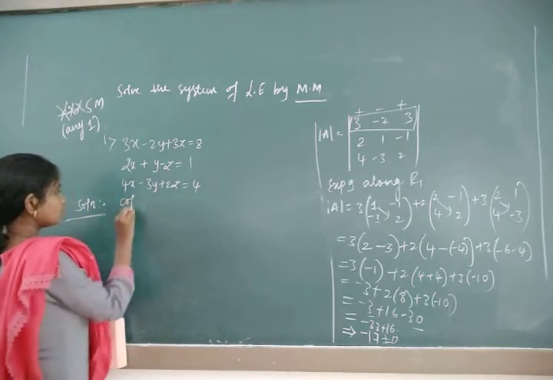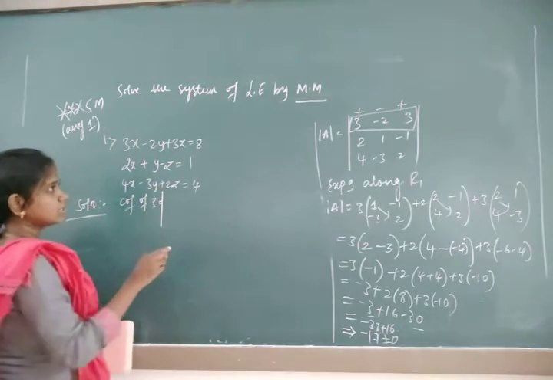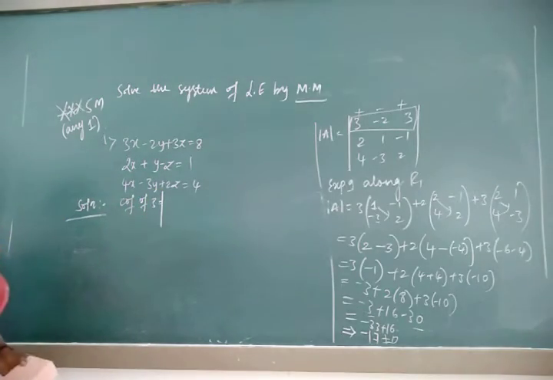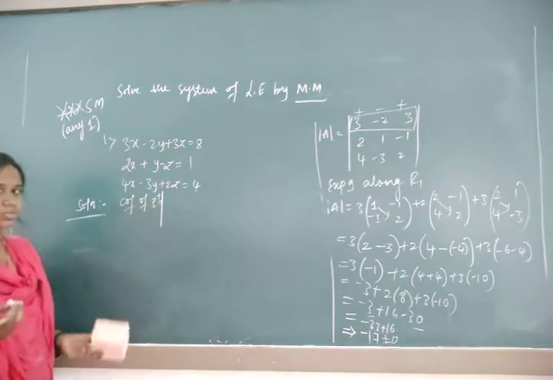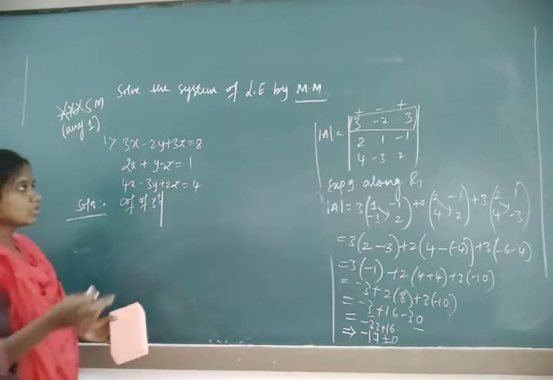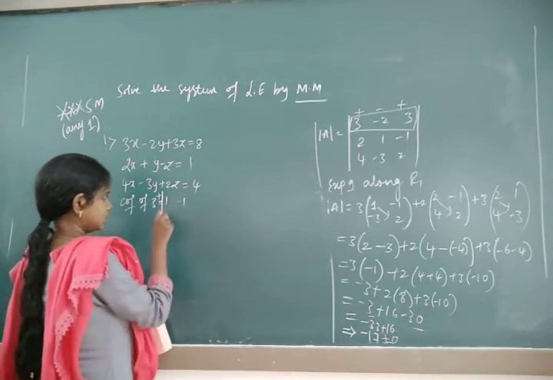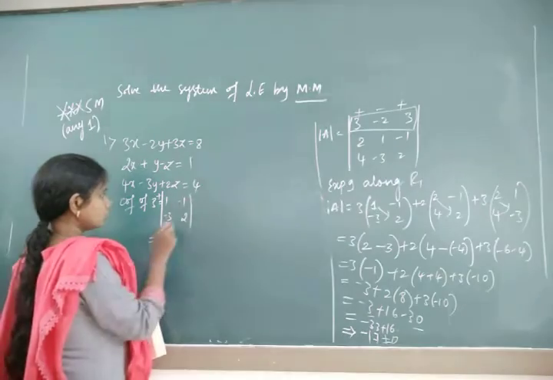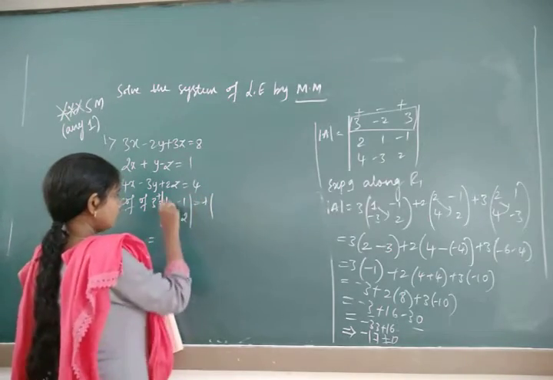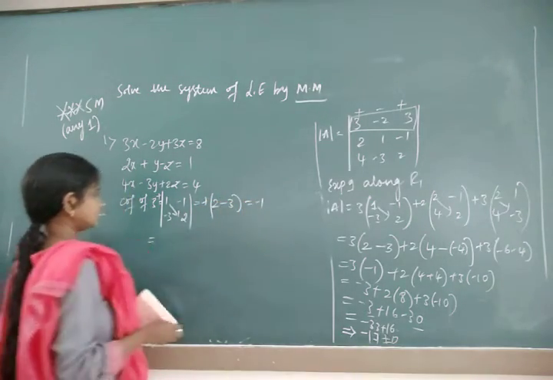So cofactor of 3 means delete the row and column in which 3 is present, take the sign plus with alternate signs, it's 2 cross 2. Remember plus, minus, plus. So deleting first row first column, it will be 1, minus 1, minus 3, 2, which is equal to plus of multiply, it's 2, it's minus 3, answer will be minus 1.